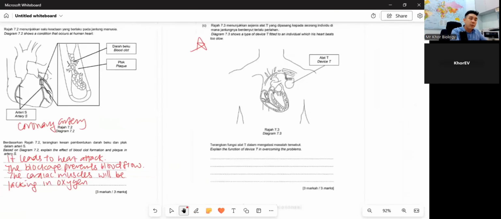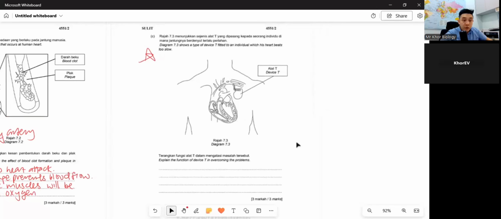Now, C here is what we call an artificial pacemaker. So T acts as a pacemaker. Guys, then mention the function of the pacemaker. It sets the rhythm of heartbeat, meaning it determines how fast your heart actually pumps.